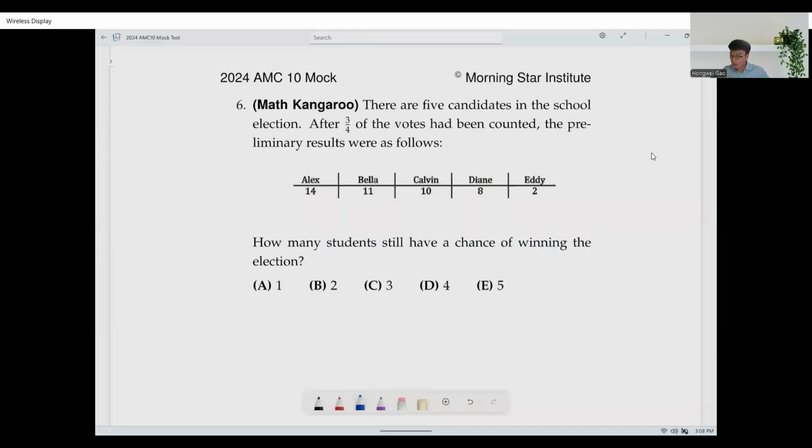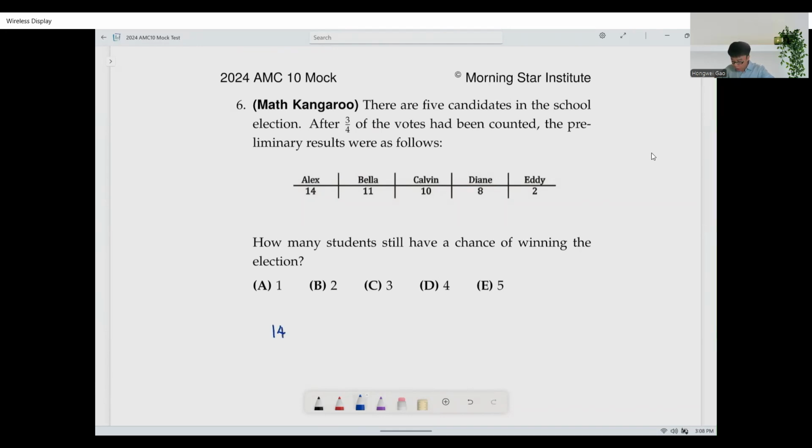Question 6. There are 5 candidates in the school election. After 3/4 of the votes have been counted, we have the following results. How many students still have a chance to win this election? Now let's count how many votes are already counted.